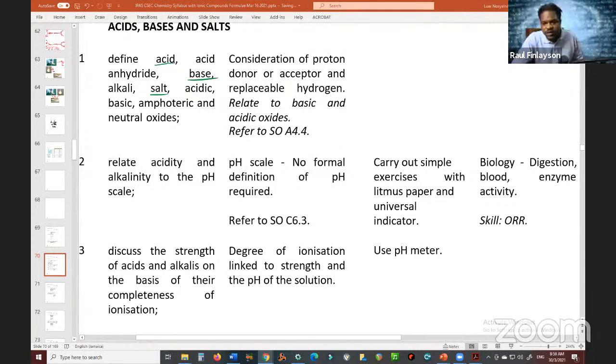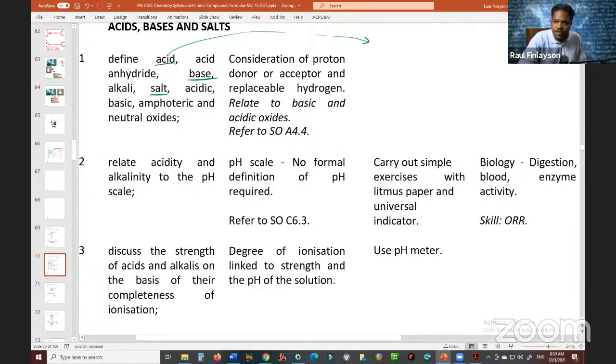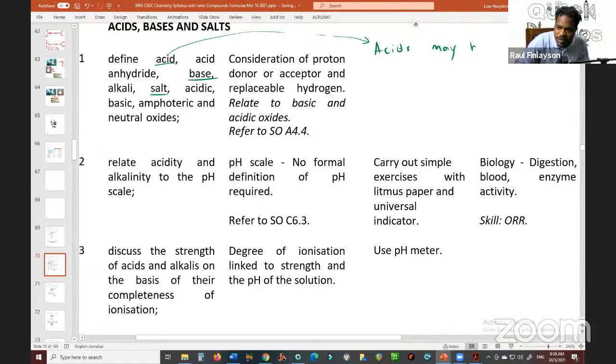Basically, long story short here, acids have three definitions. So that's the first thing. Acids may be defined as, all right, check this out now.